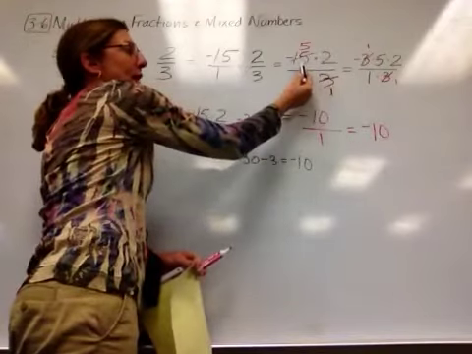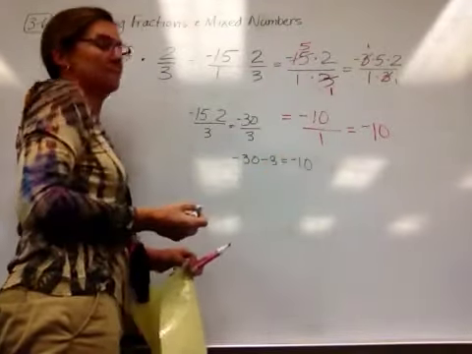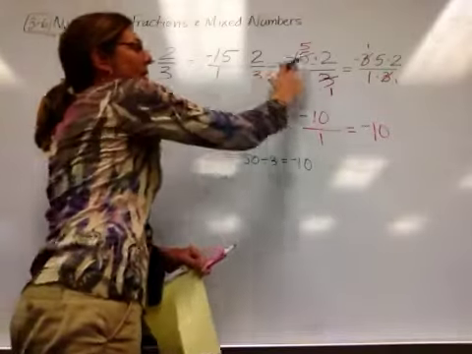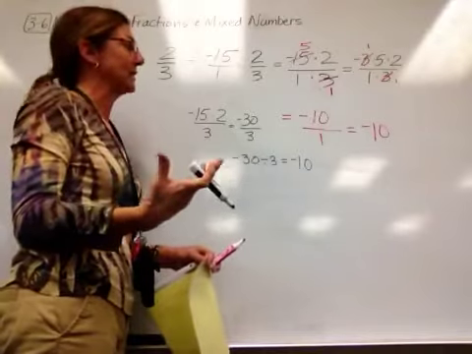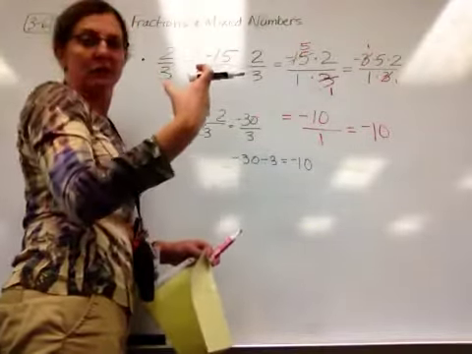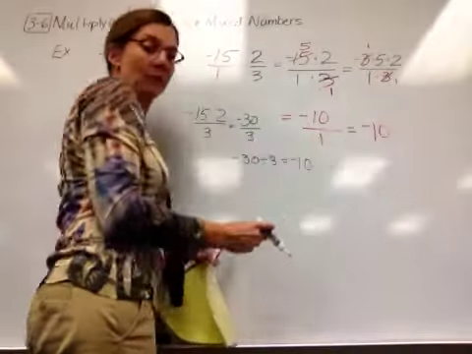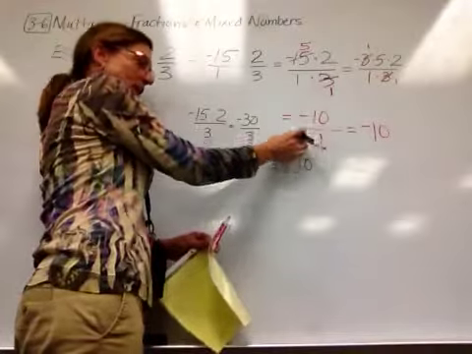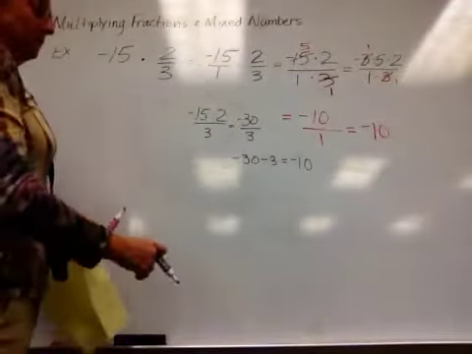I'm just dividing 3 out of this factor, and here's my 10. There's my 10 right there. So it's the same thing. I like this way better because you can see actually what you're canceling out. The factors are canceling out. And when you're finished, you've got a fraction that you can then reduce to simplest form if you need to. If not, then you've just got your fraction left over, whereas this one won't work that cleanly.